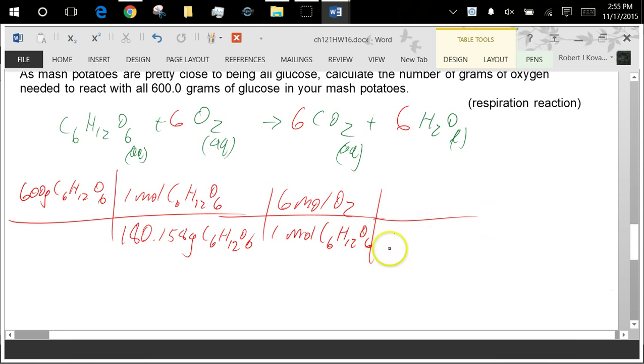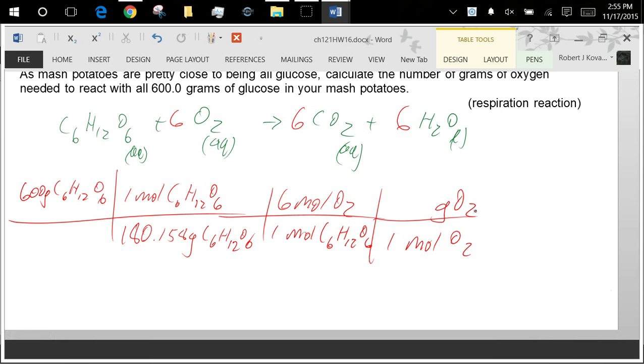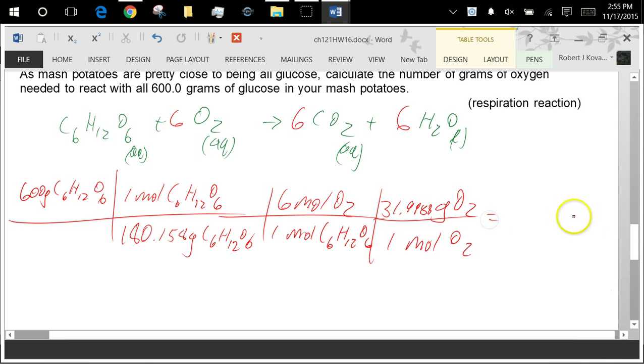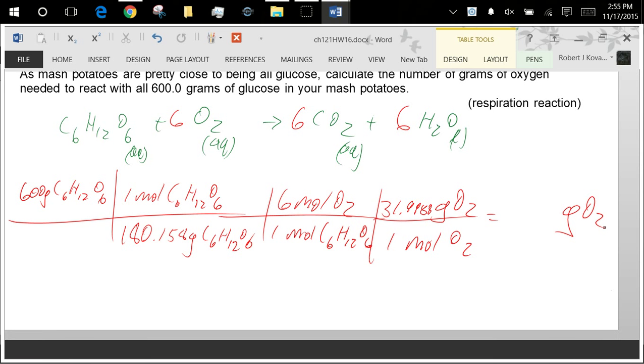And then for every 1 mole of oxygen, it's grams of O2, 15.9994 times 2, 31.9988 grams O2, times 6 times 600 divided by 180. 639 grams of oxygen.